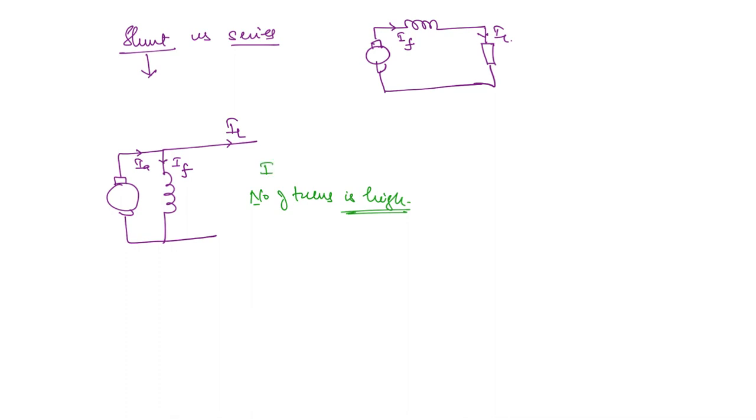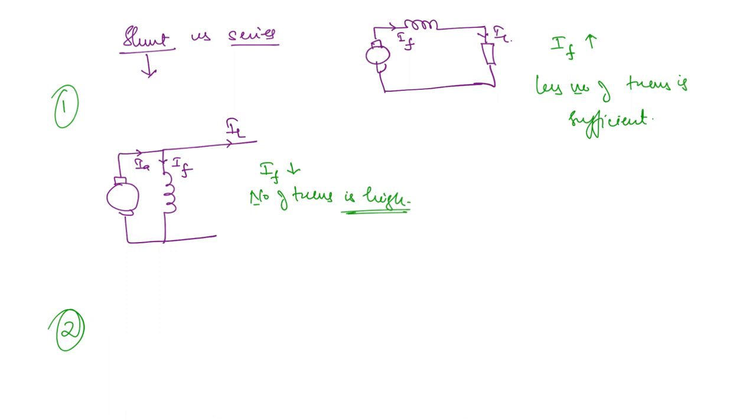So you can write here that the field current is low in a shunt generator, and the field current in the series winding is going to be high. Okay, so a smaller number of turns is sufficient in order to produce a strong enough field.